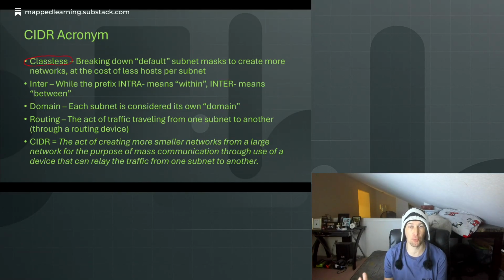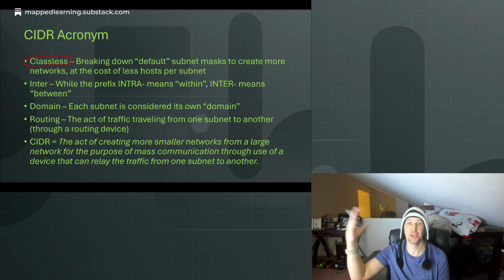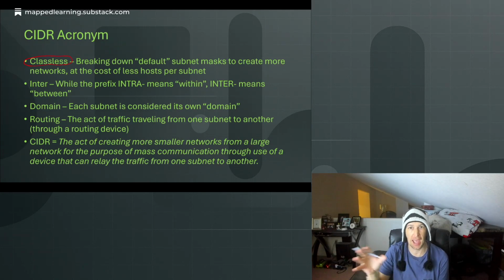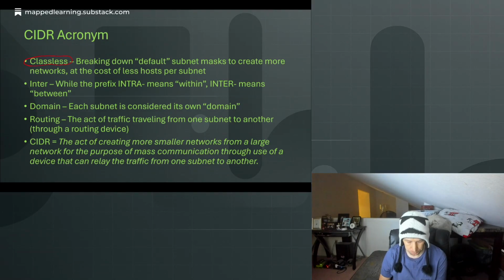So you remember before when I talked about a Class A network having 16 million hosts per network. This chops that up into a lot more networks, but you're going to have less hosts per subnet when you do that. The I is the prefix inter, and when you think of inter, the opposite is intra.